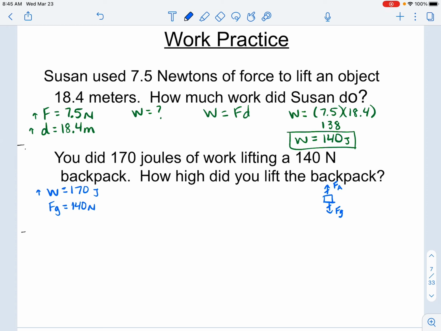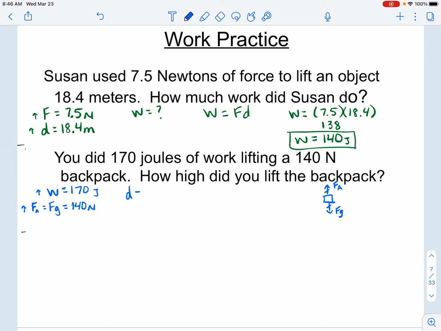This would be my applied force. So in this question, when they tell me that I have a 140 Newton backpack, they're also telling me that I have an applied force of 140 newtons, and that force is also going to be an upward or vertical force. Okay, so both this work and this force go together.